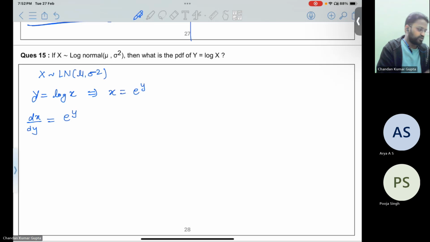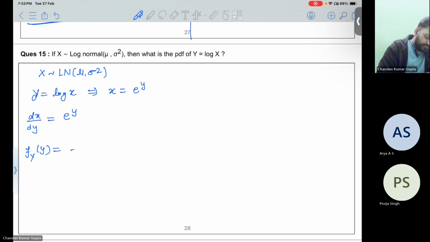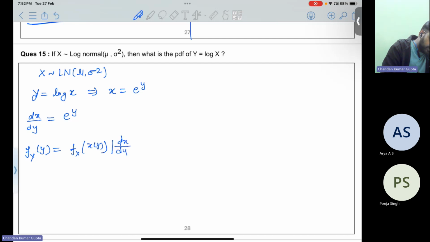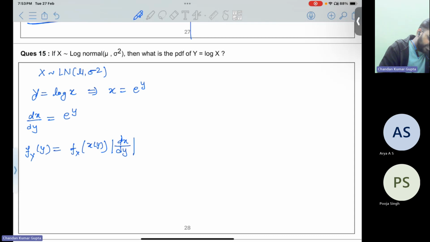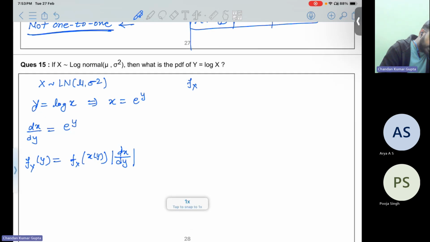Okay, so the PDF of y is f of x times dx upon dy. For the log normal distribution, the PDF is like this. I think I should write it like this.